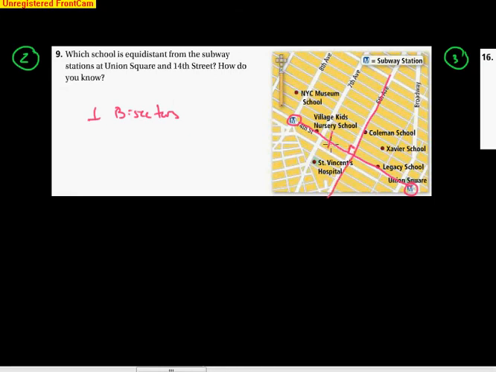Perpendicular, and it is a bisector. This side equals that side. So for a school to be equidistant, it has to be on this perpendicular bisector. So what school is on the perpendicular bisector? Right there. Coleman School. So if you want to be equidistant from 2 points, you are on a perpendicular bisector.